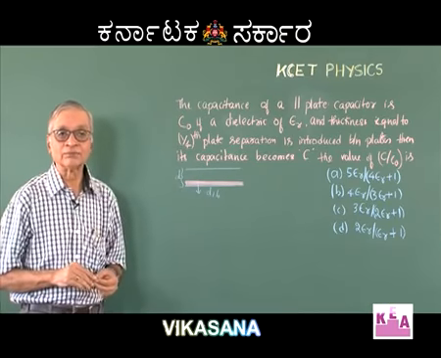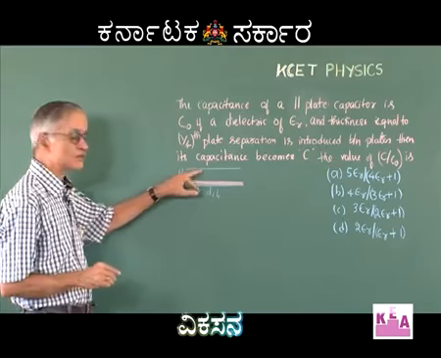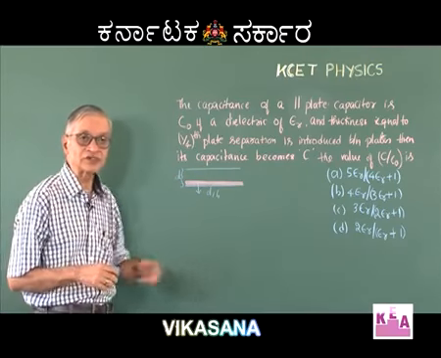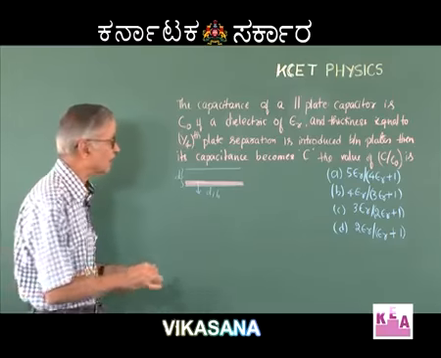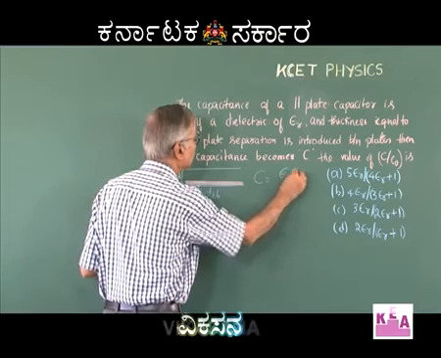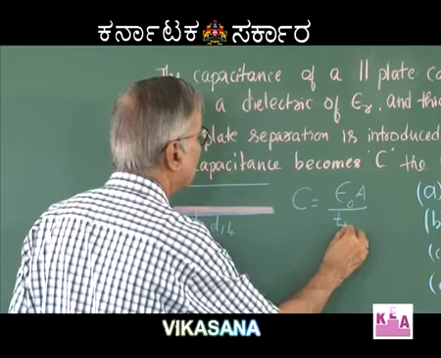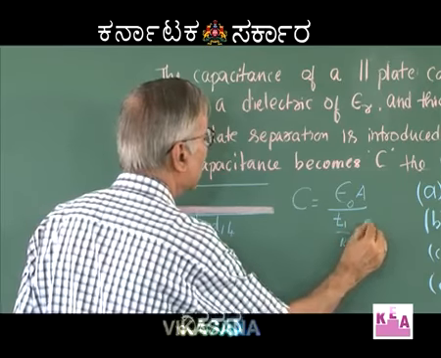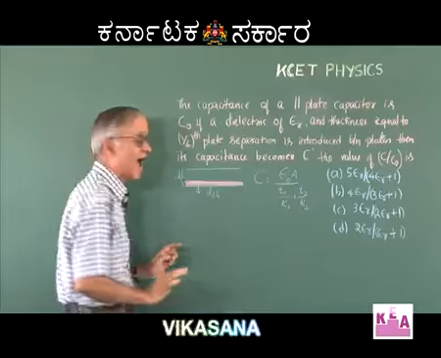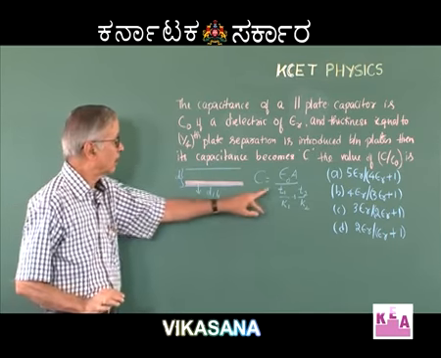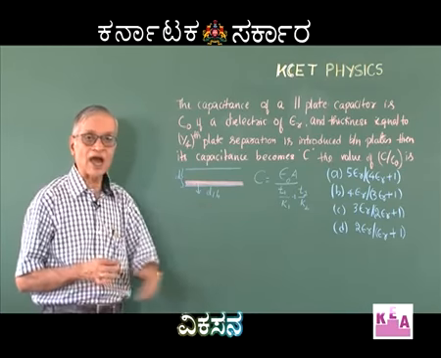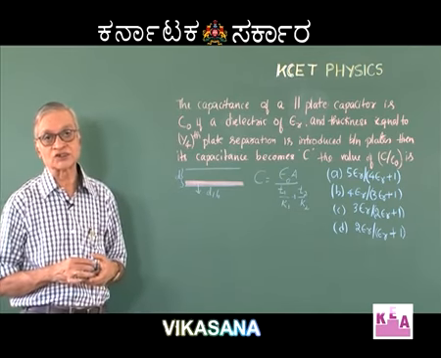Please remember that if dielectric slabs of different thicknesses are placed horizontally between the plates, then the capacity of the condenser is given by the formula C is equal to epsilon 0 A divided by T1 by K1 plus T2 by K2. The same thing can be continued, but for the time being I will take only 2, where T1 and T2 are the thicknesses of the two media, K1 and K2 are their respective dielectric constants.